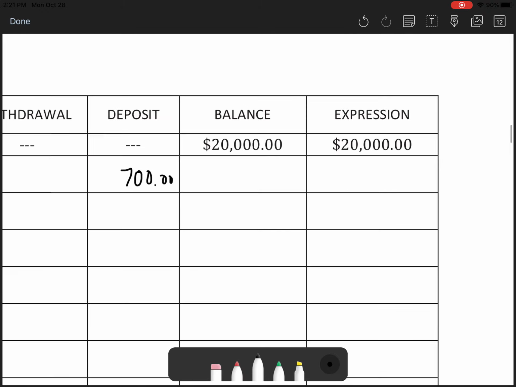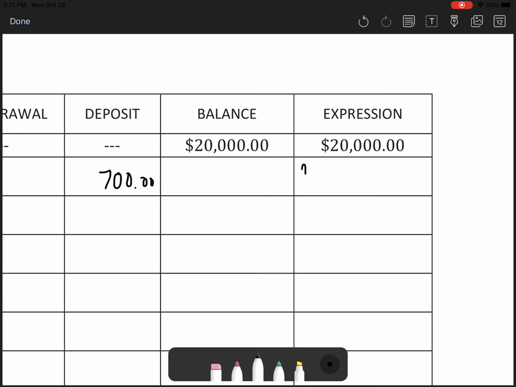So I'm going to do $20,000 plus my deposit, $700. And I can do the math. Pretty simple to do that math. It's going to be $20,700 and 0 cents.